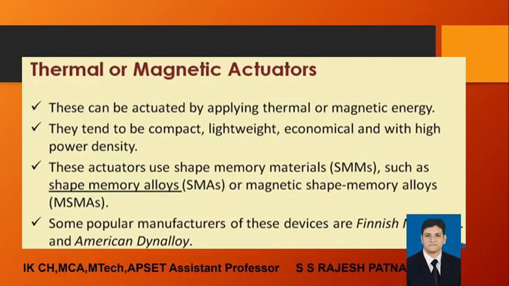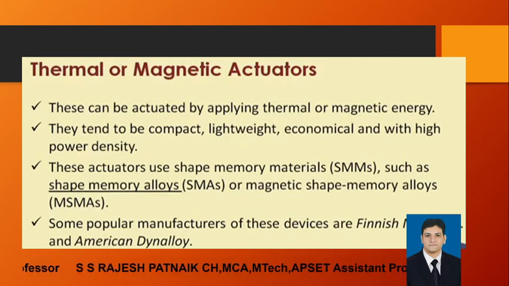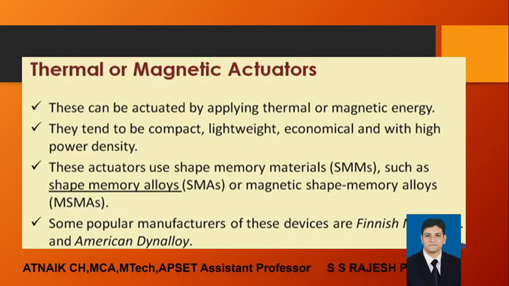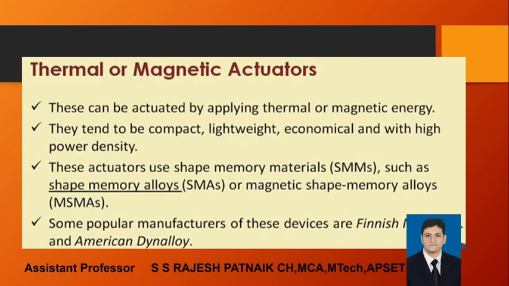A particular product shape will be created by applying a certain energy. The energy may be thermal energy, or it may be magnetic energy. Once you apply it, it is going to perform a certain action.